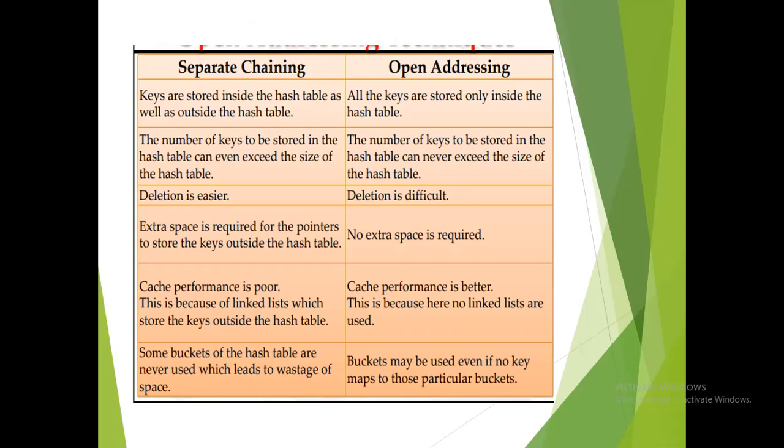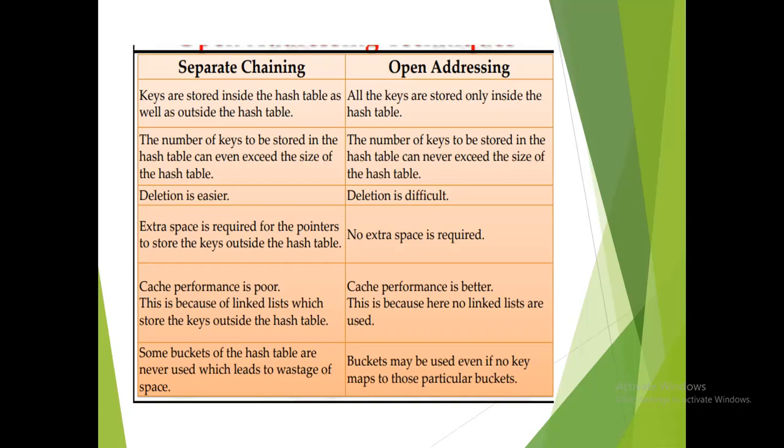Difference between separate chaining and open addressing. In separate chaining, keys are stored inside the hash table as well as outside the hash table. In open addressing, all the keys are stored only inside the hash table.